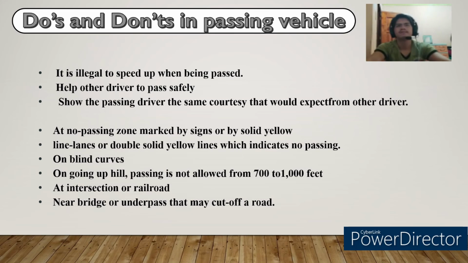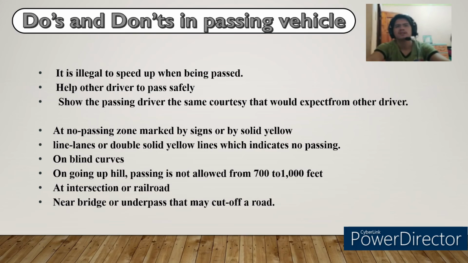Next, at an intersection or railroad. At an intersection, passing is prohibited because vehicles are moving in different directions. Also in railroads, where there are trains, passing is dangerous and risky. As I said earlier, in a railroad you must always give way to the trains.